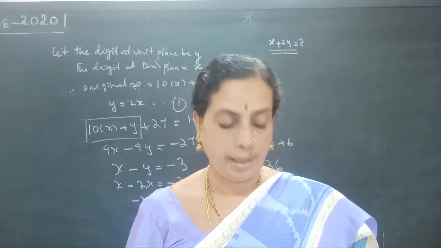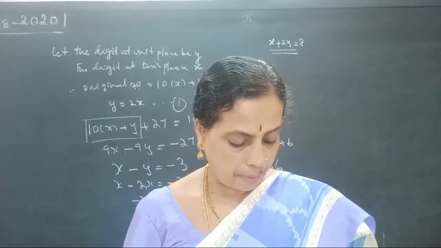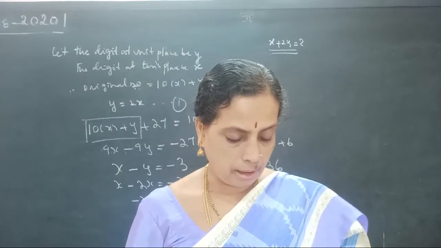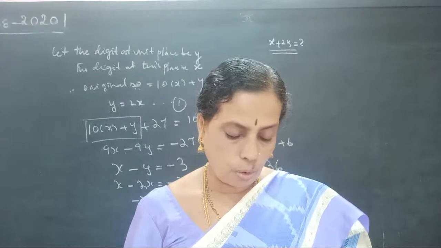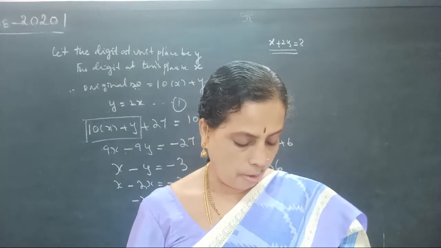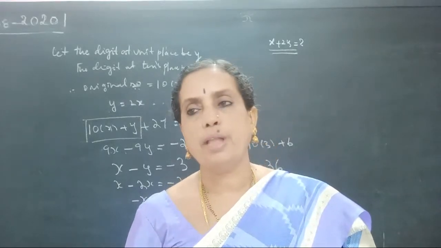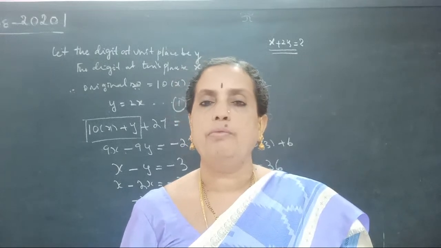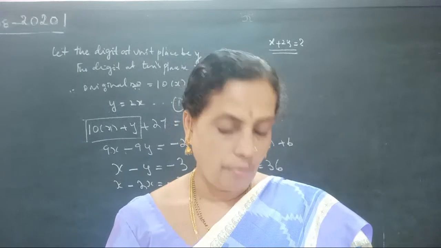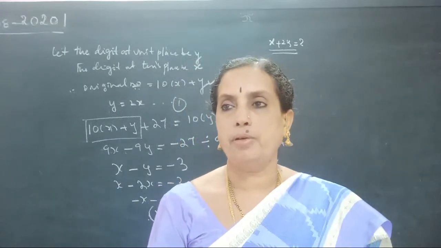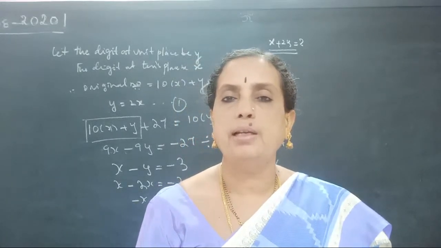If 10 is subtracted from the original number, the new number is 4 more than 5 times the sum of the digits. 4 more than means plus 4. 5 times means 5 into (x plus y). Find the first number. First number means the original number.